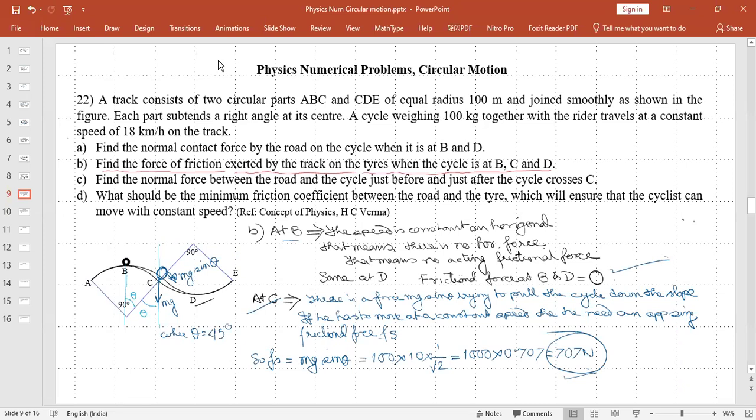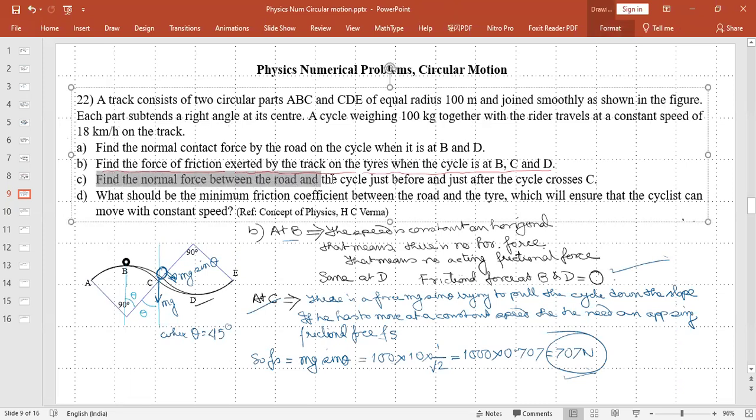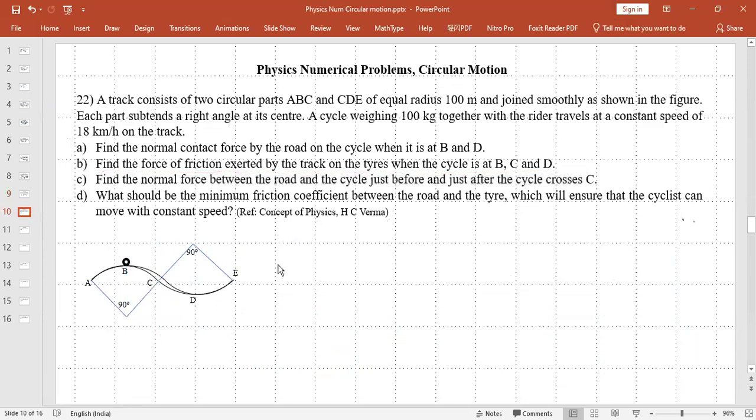Okay. Now let's go to part C of the question, which says find the normal force between the cycle and the surface just before and just after the cycle crosses C. So for that, we'll go to the next page.